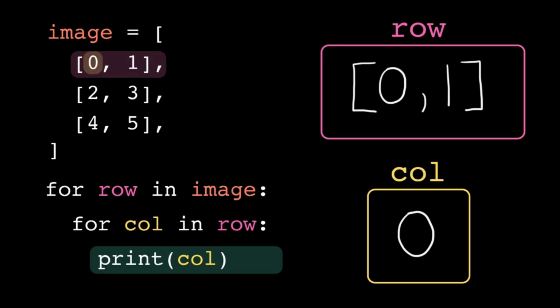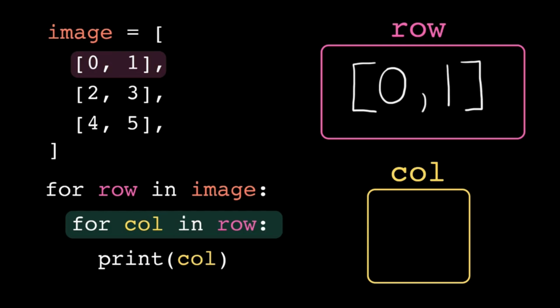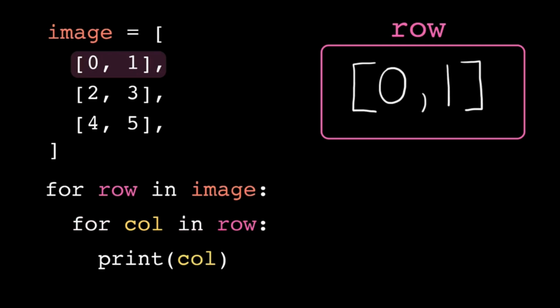We just have this one print statement that prints the value of column, which is 0. And then we're out of loop body. So we go back to the top of the closest enclosing loop. Column now contains the next element in the row, which is 1. We print 1, we go back to the top of the loop, and now there are no more elements in row, so this loop terminates.